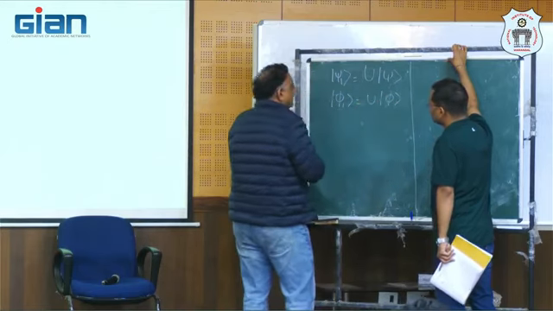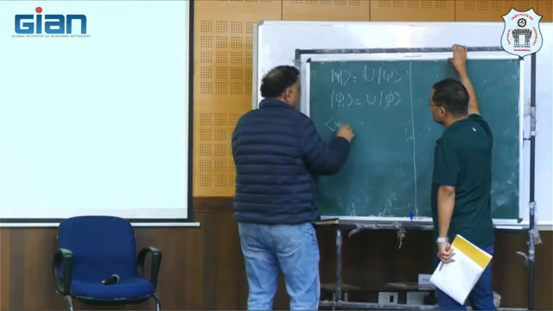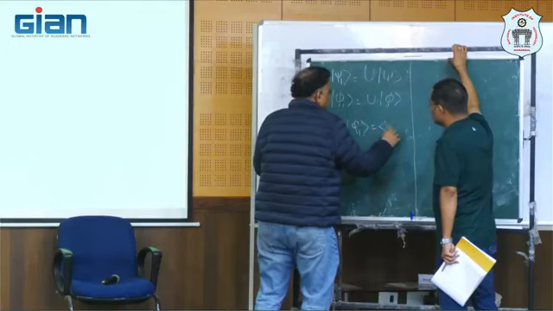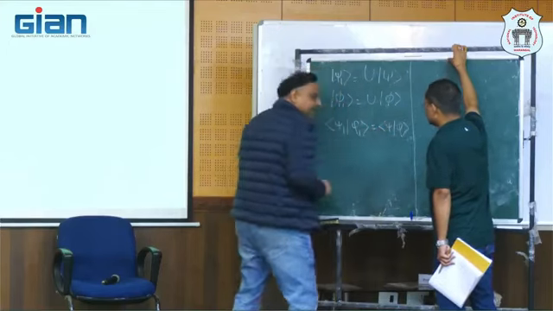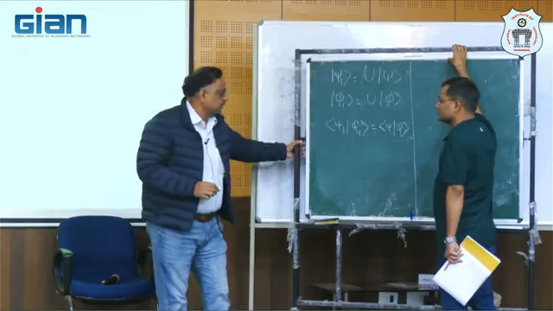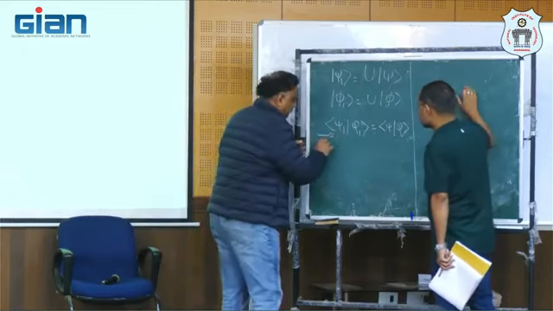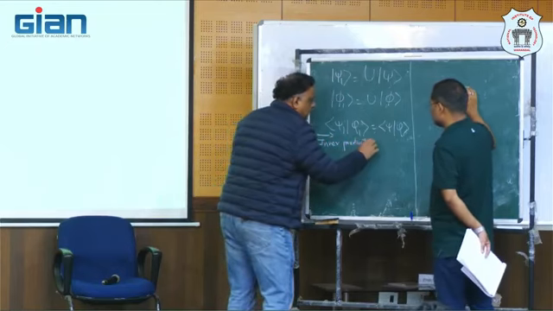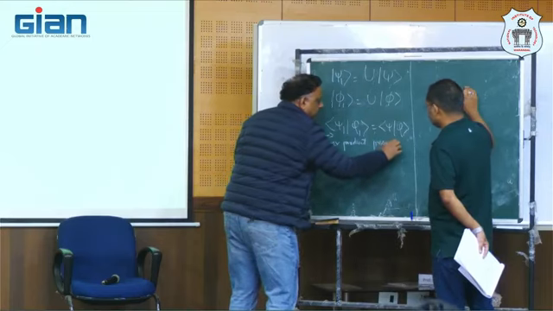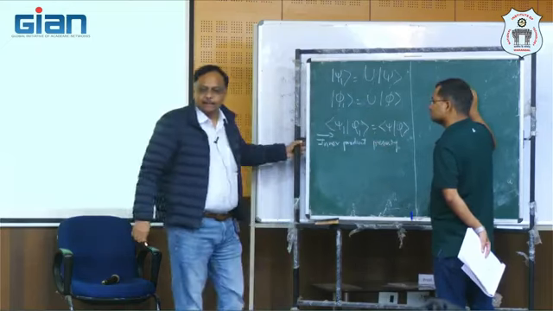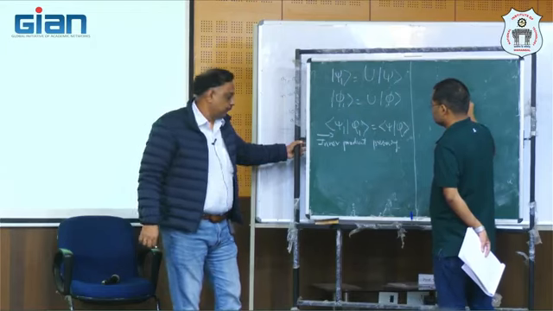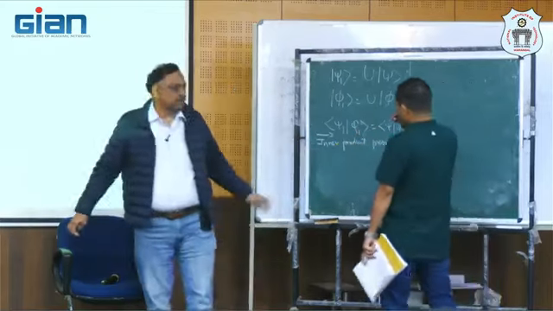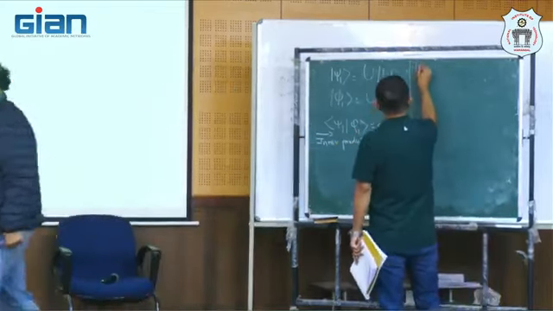We want to argue that the inner product of psi 1 with phi 1 is the same as the inner product of psi with phi. This is called inner product preserving. Let's first show this, that unitary transformations are inner product preserving.